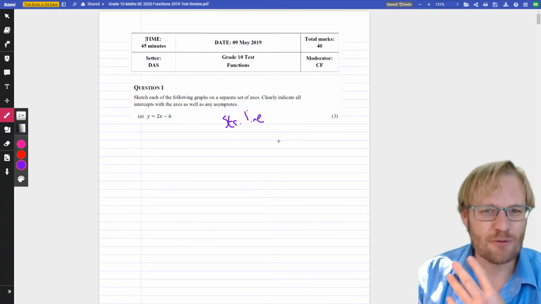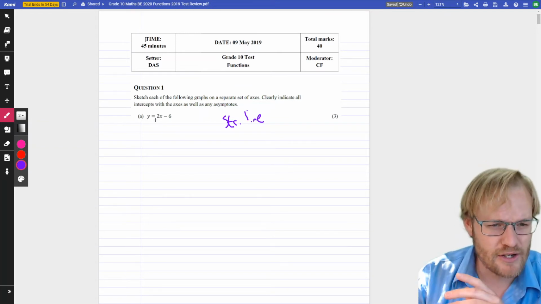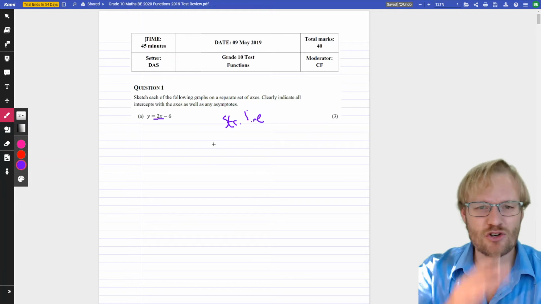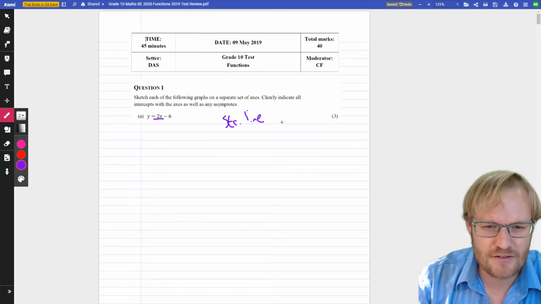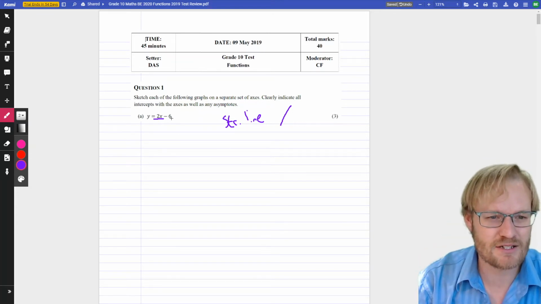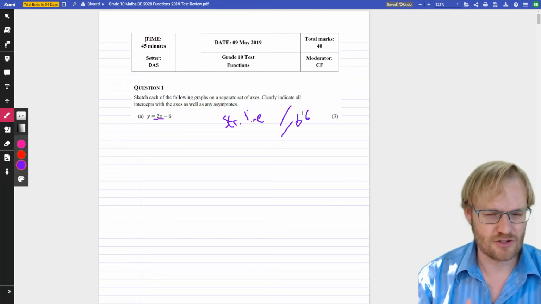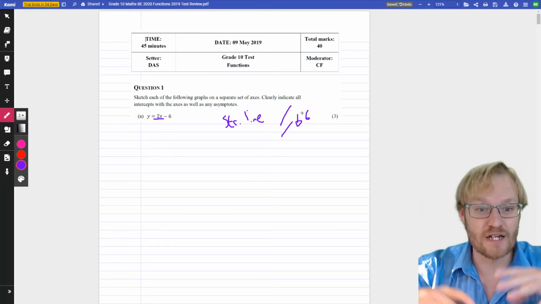And I'm going to write down my thinking so you can see it as well. I'm thinking 2x, already I'm seeing that the gradient's 2, so it's a positive slope and a little bit steeper than a 45-degree angle. And minus 6, so it's not going through the origin, it's going to translate or move down by 6.